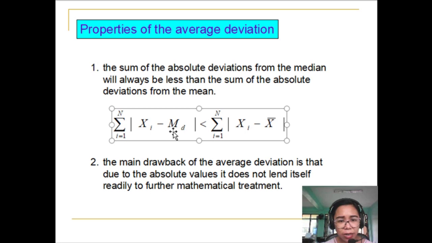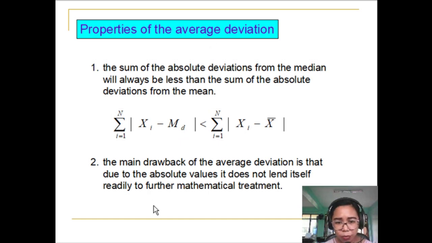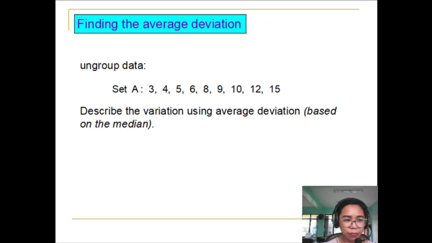Okay, as I've said, it is because the variance is already a deviation from its mean. The second property is that the main drawback of the average deviation is that due to the absolute values, it does not lend itself readily to further mathematical treatment.